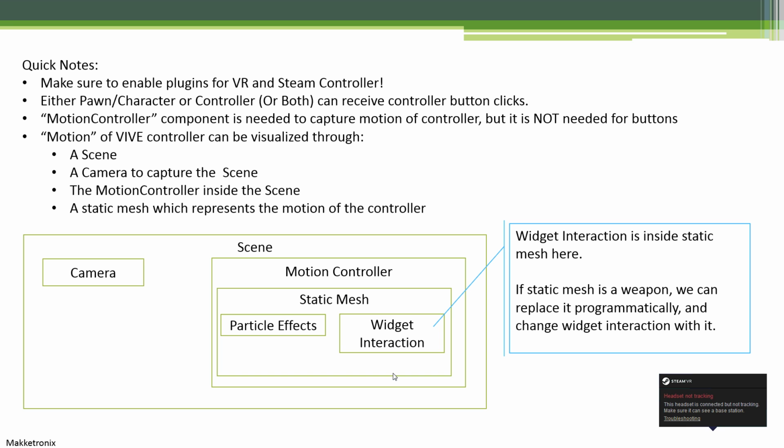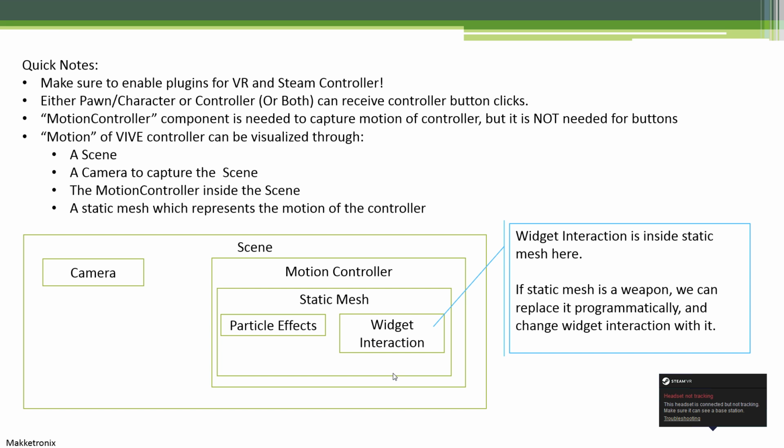You can put them in your pawn character or in your player controller. I have not tried to receive them directly in actors, because technically actors can receive mouse clicks, so that may be possible, but I'm not really interested in that. I don't see why I would need to do that in this case.